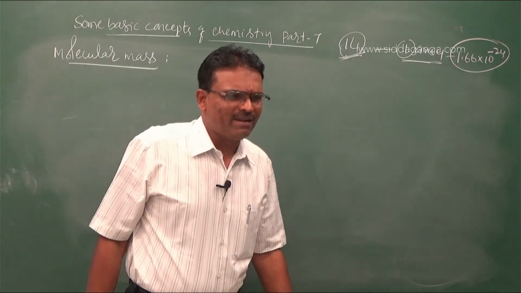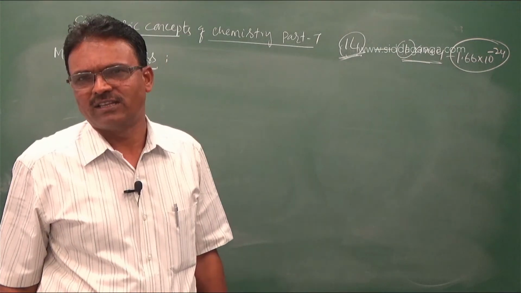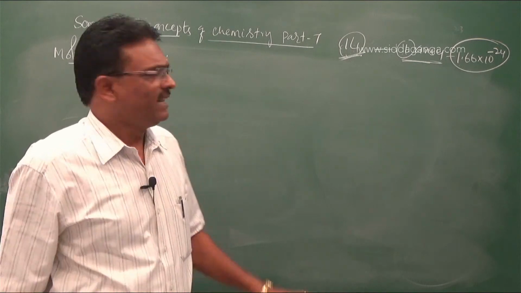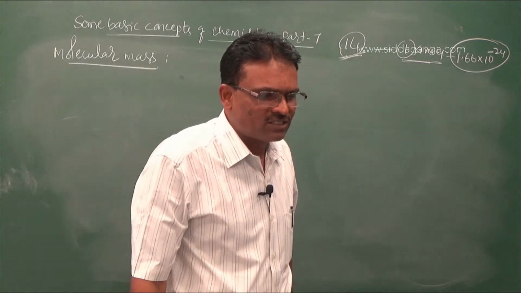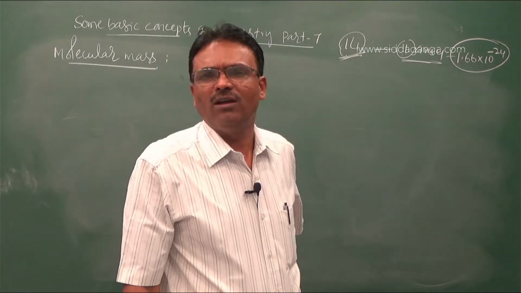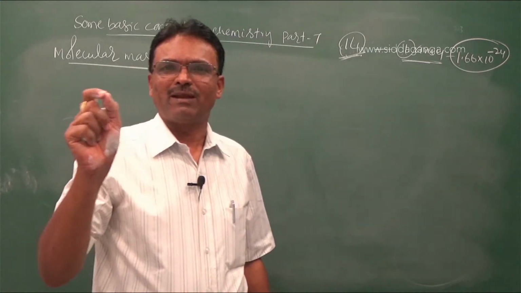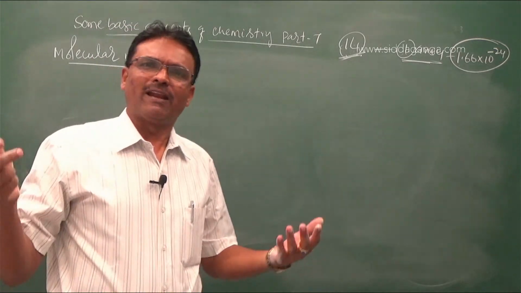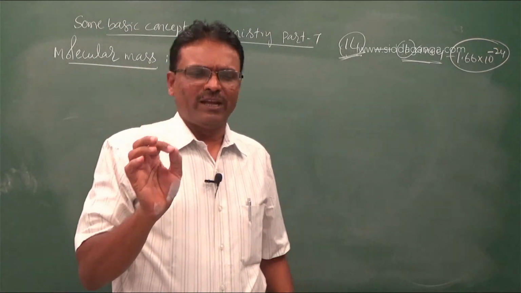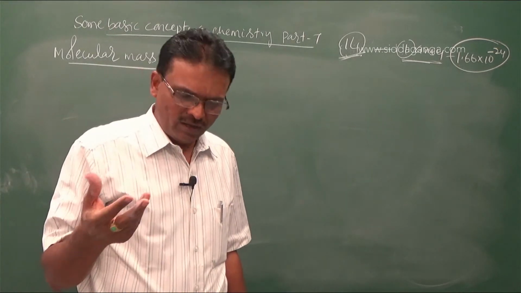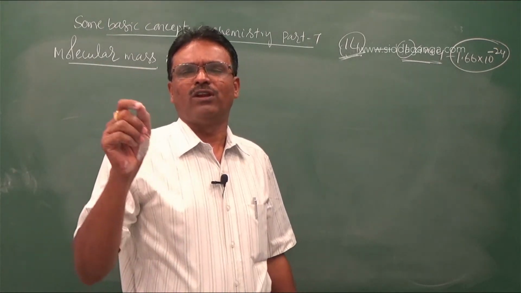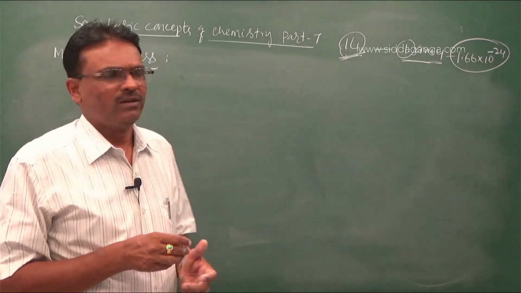So what is meant by the molecular mass of a substance? It is very similar to relative atomic mass. So what is meant by relative atomic mass? Average mass of one atom of an element to the 1/12 of the mass of one atom of carbon 12 isotope.